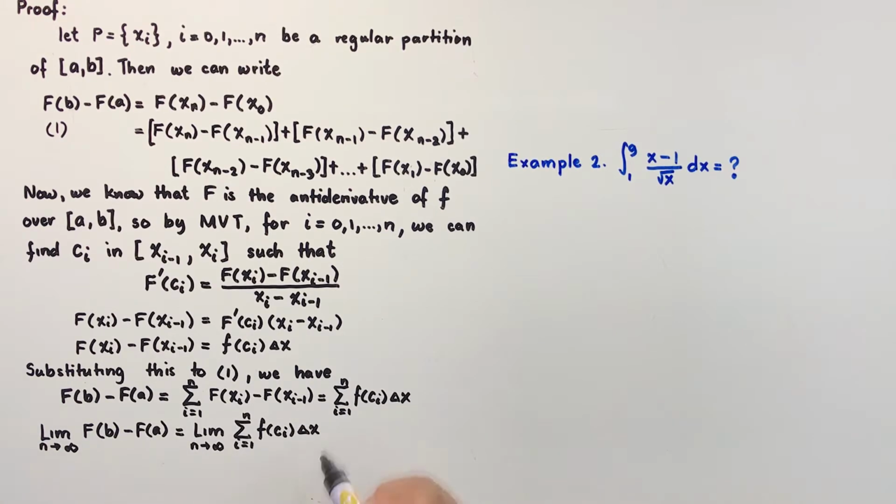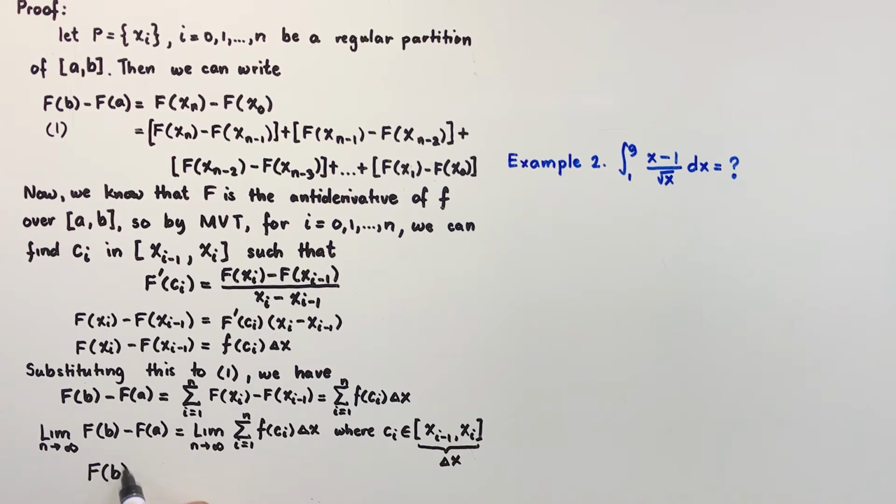Now remember that we get this c sub i from every subinterval, say x sub i minus 1 to x sub i. And this is what we represent as the delta x. And the limit of the constant, because this is a constant, is equal to the constant.